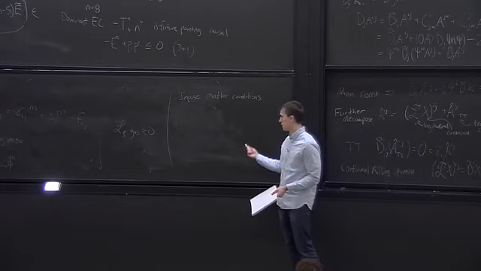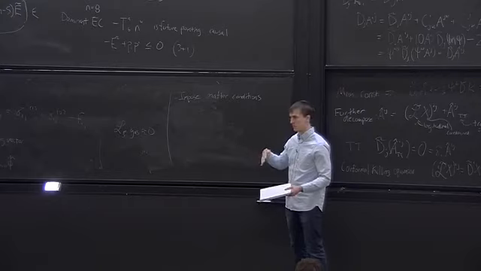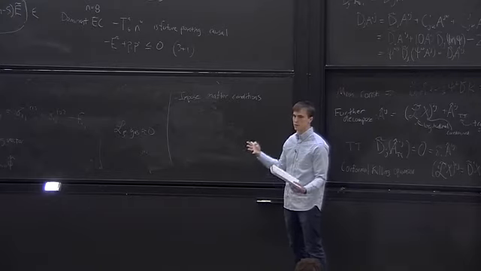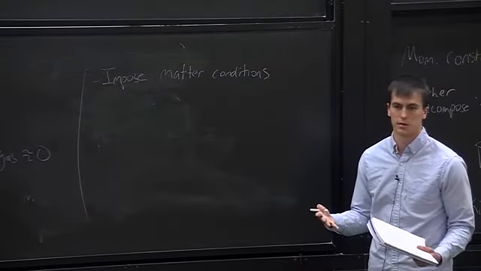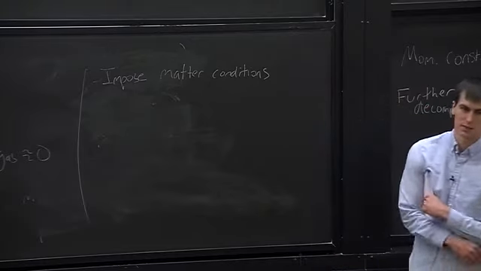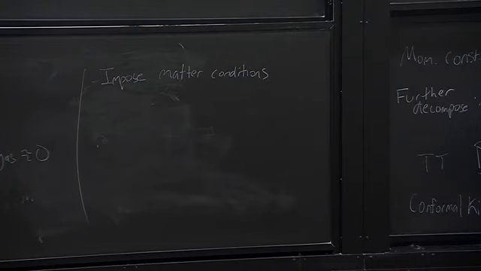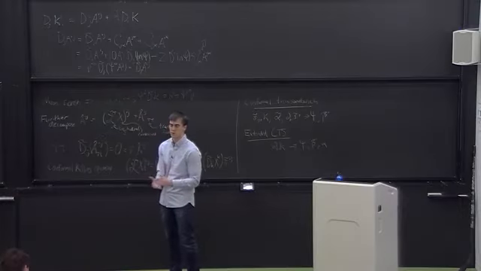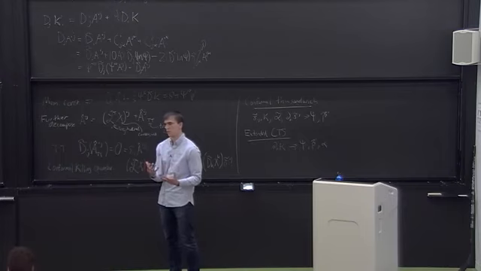So these are some tricks to help you choose the free data and solve the constraints and evolve forward. But none of these ways of constructing initial data is perfect. It's very common, if you look at one of these simulations of a binary black hole merger, that at the beginning you'll get an initial burst of high frequency gravitational waves that people refer to as junk radiation.